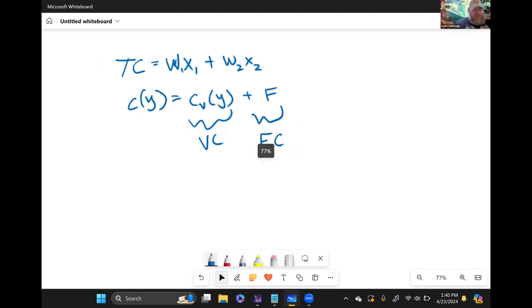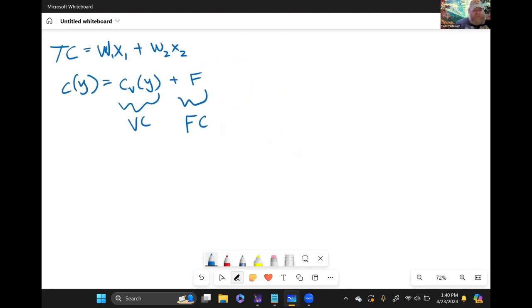Let me just move this over here a little bit. This is how we're going to visualize them, and how, in turn, they're going to help us understand not only the decision making of the firm, but also the outcome of the decisions being made by the firm.